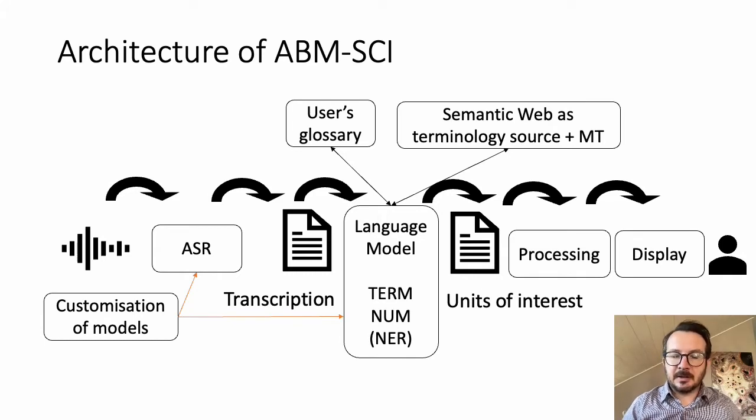We look up either in the user's glossary, or we spot terminology on the fly and find on-the-fly translations, using machine translation or the web as a semantic source of information. These are two options.